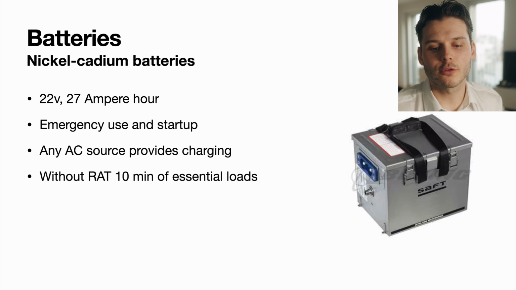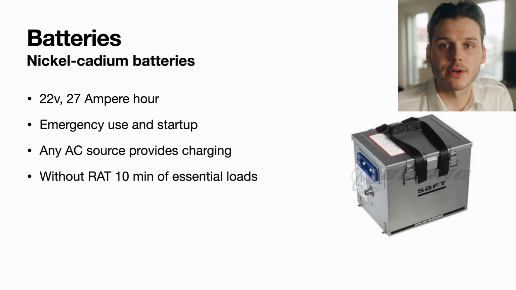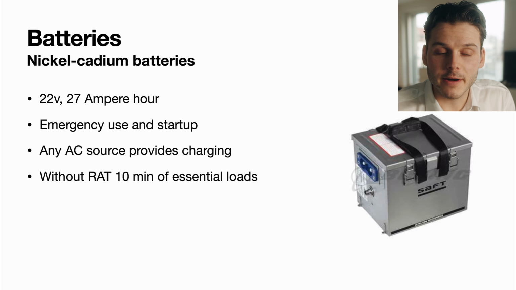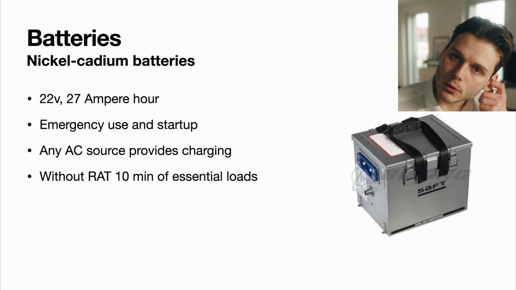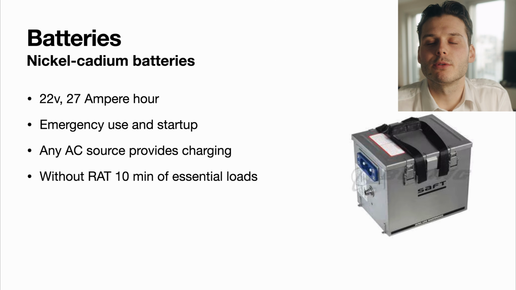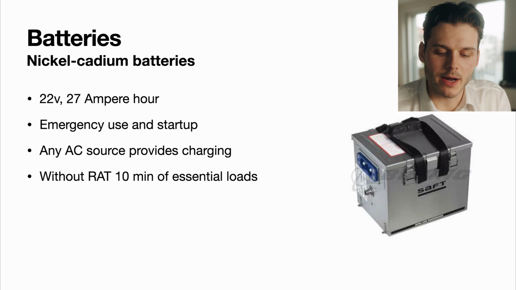And this is also important for emergency evacuation, because in case of an emergency evacuation right after an engine fire or something, we do not use the APU. We shut the aircraft down completely, and the aircraft is almost completely pitch black. Only display unit 2 and display unit 3 will be on, and we can emergency evacuate via the batteries.